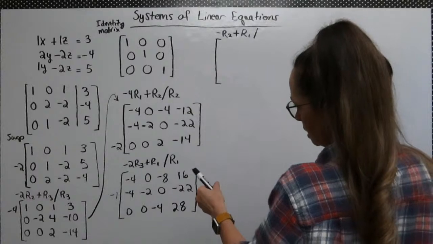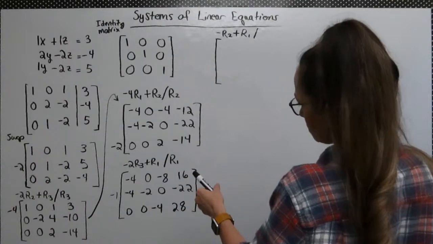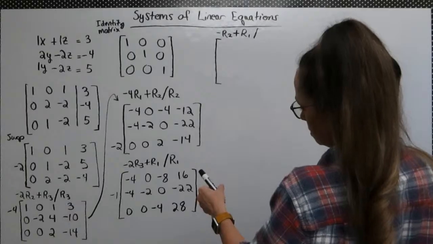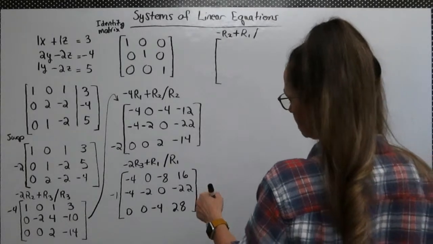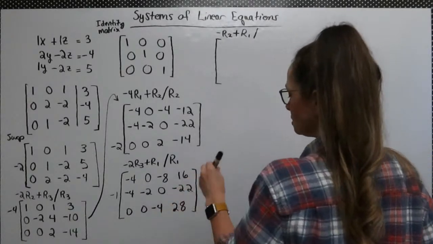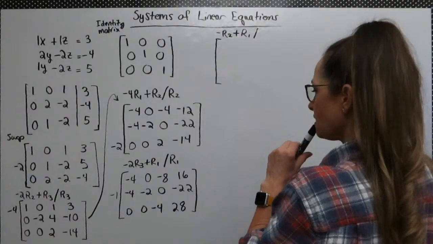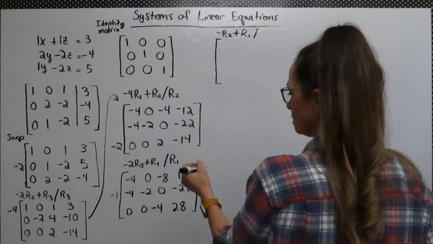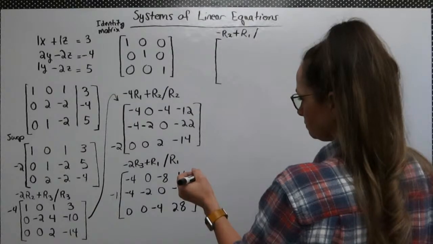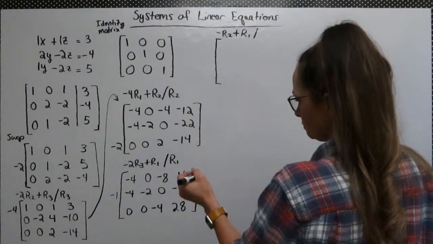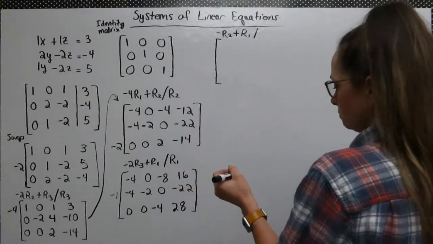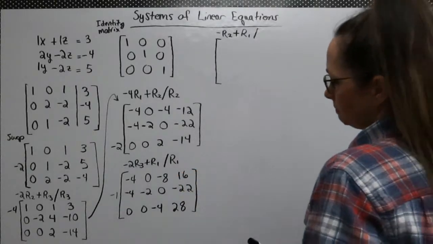That'll be -2. And then I think that it will affect this 0 if I replace row 2 with -8, which will defeat the purpose of what I just did. Oh, goodness.